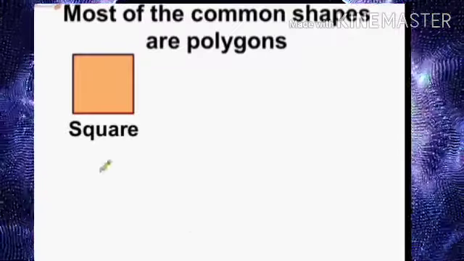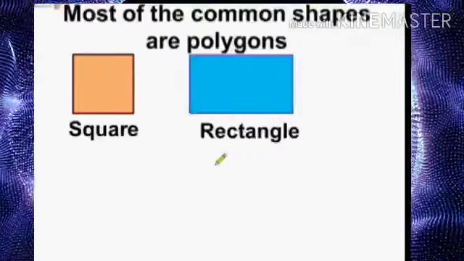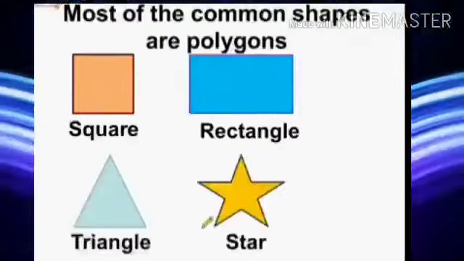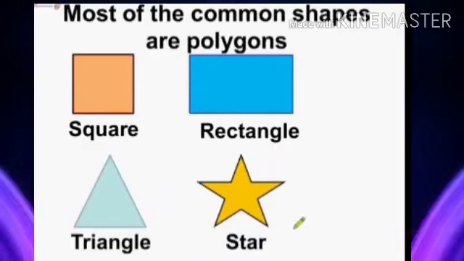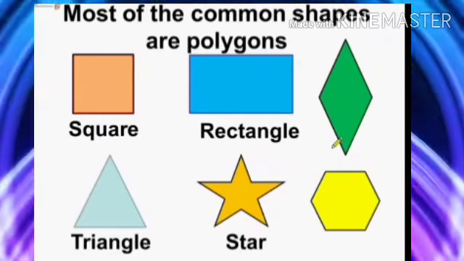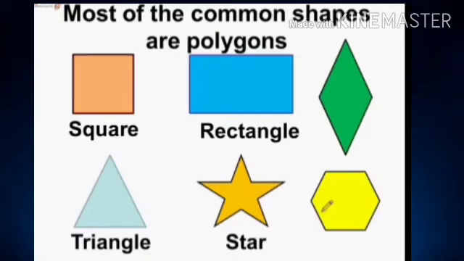For example, square is there, rectangle is there, triangle is there, star is again a closed figure, rhombus, hexagon. So we have a chart of many closed figures which are polygons.